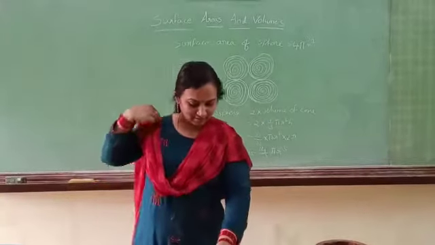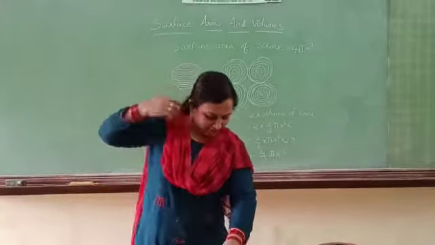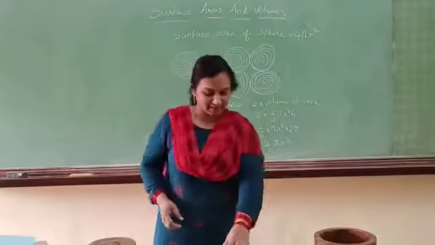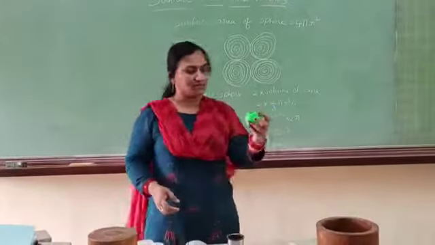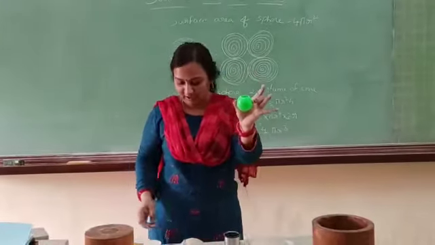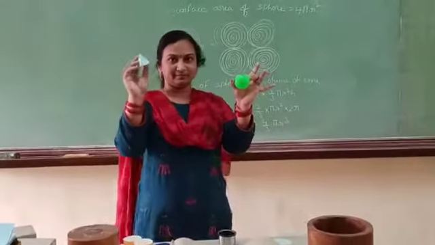Now let us take the volume of a sphere. Here the volume of a sphere is nothing but 2 times the volume of a cone. This is the sphere, I have taken a ball. Now this is a cone.